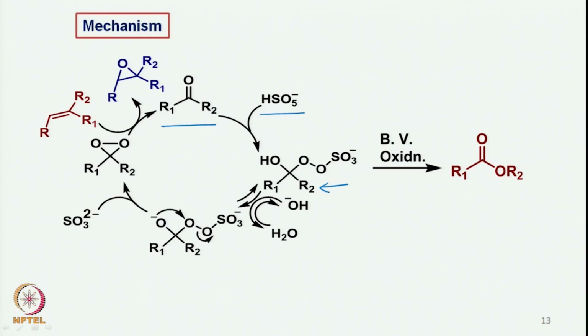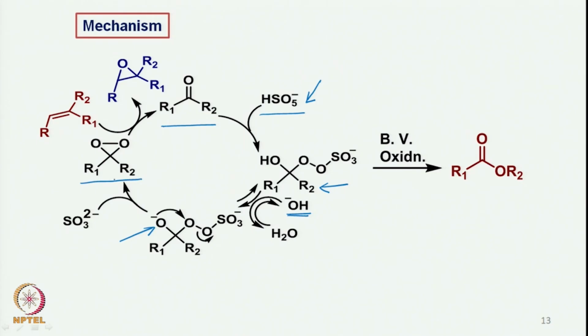Now, this intermediate is formed because of the attack of the peroxysulfate moiety, and now under basic condition the OH minus takes up the proton from here to form this O minus, and that under intramolecular condition opens up to form the dioxazine here.